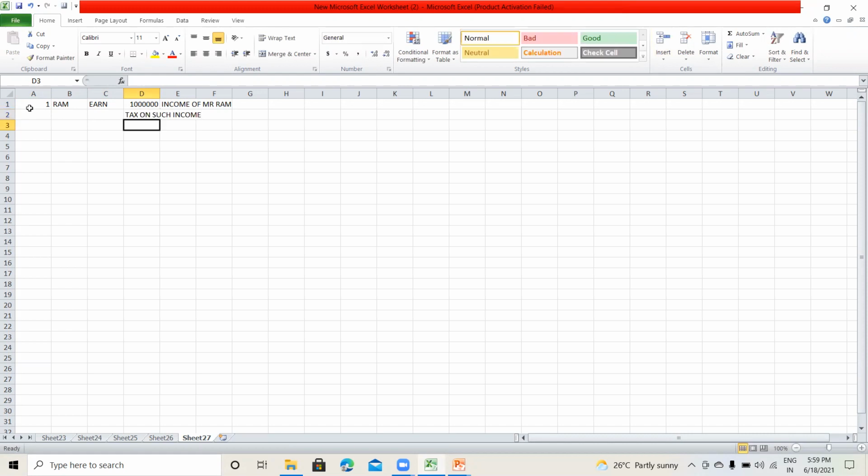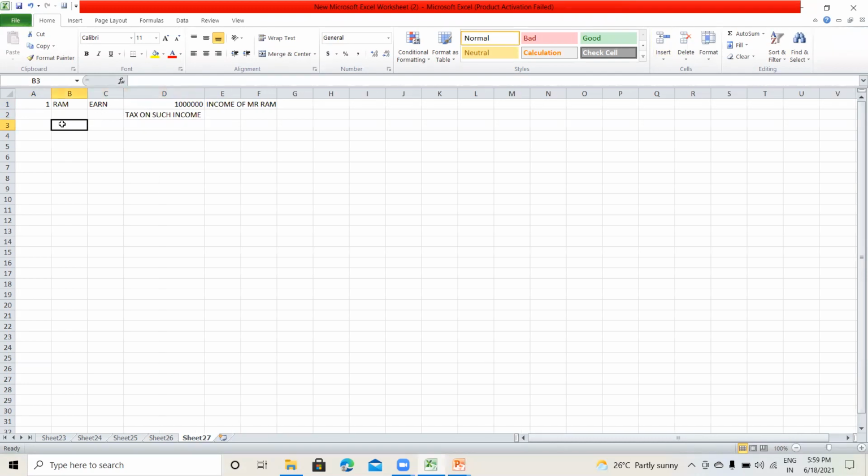The tax paid by Ram on such 10 lakh rupees will be considered as direct tax.